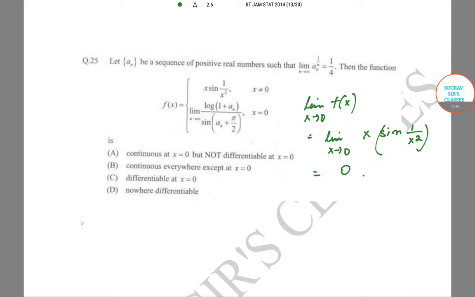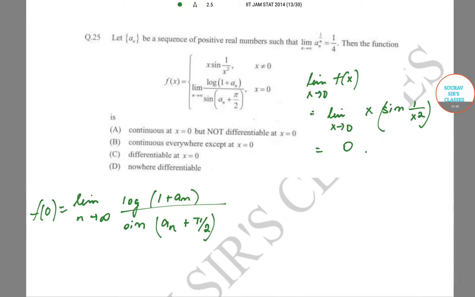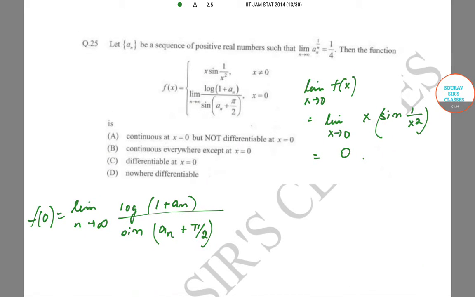So f(0) is limit n tends to infinity, log of 1 plus a_n by sine a_n plus pi by 2. This is what f of 0 is. Now we have to actually find what this thing is.